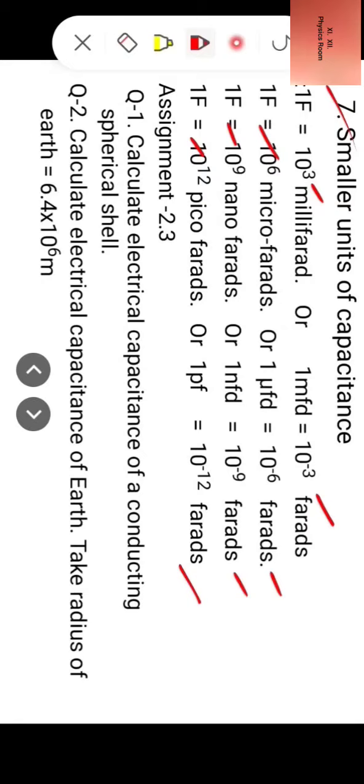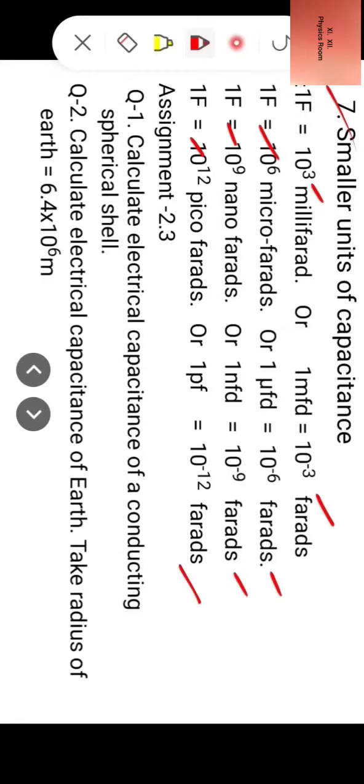So you remember these conversion scales of microfarad, nanofarad and picofarad. Because capacitors which are practically available are of capacities microfarads, nanofarads and picofarads. Millifarad and farad values are not manufactured because of inconvenient sizes of these capacitors.